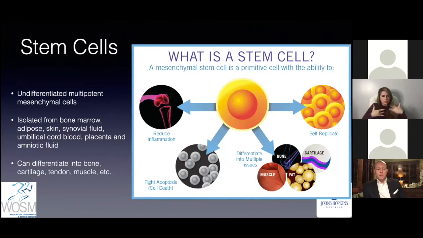Stem cells come from the patient's own bone marrow, fat, or skin. They can be from donor umbilical cord blood, or placenta or amniotic fluid. And there are all sorts of other ethical controversies that would be a whole other discussion.